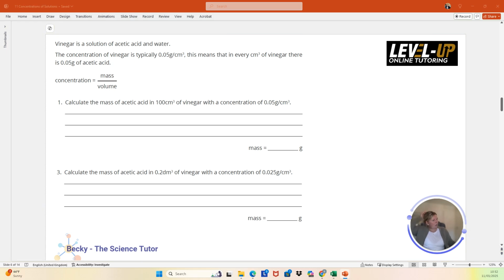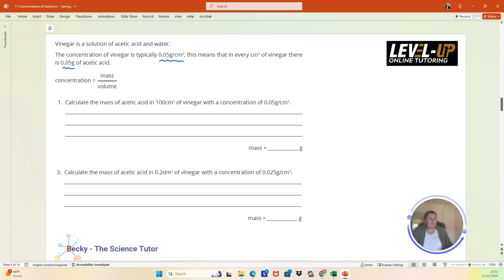Okay, so here we've got vinegar, which is a solution of acetic acid and water. The concentration of vinegar is typically 0.05 grams per centimetre cubed. This means that in every centimetre cubed of vinegar there are 0.05 grams of acetic acid.